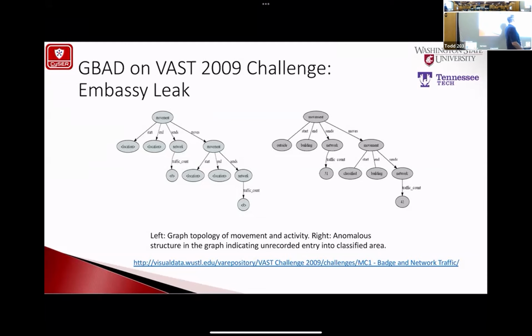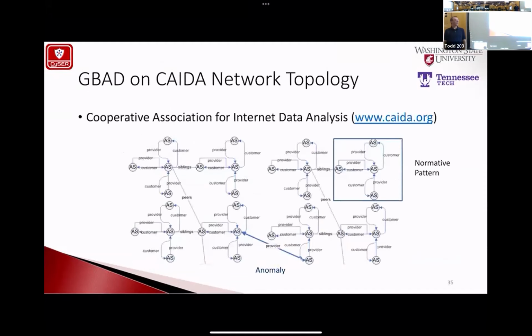Obviously lots of people are badging in and out, but this particular one was missing the badging from the building into the classified area, which in the context of the larger pattern was pretty easy for GBAD to find. It's a synthetic example, but a good example of the kind of thing we can catch.